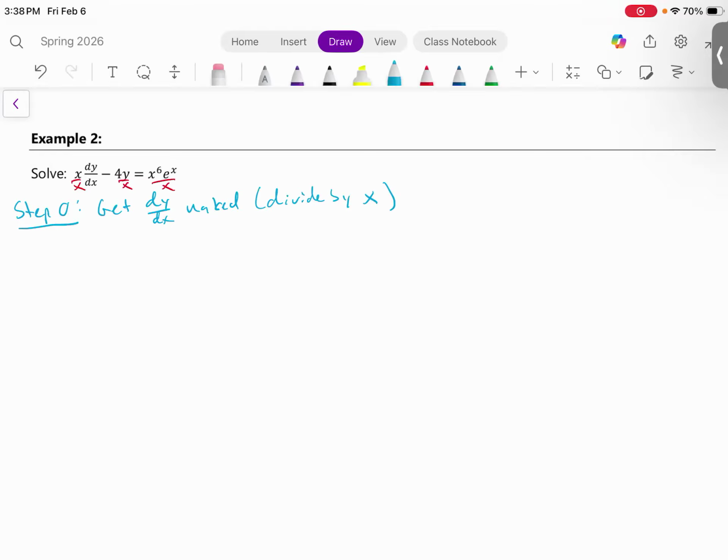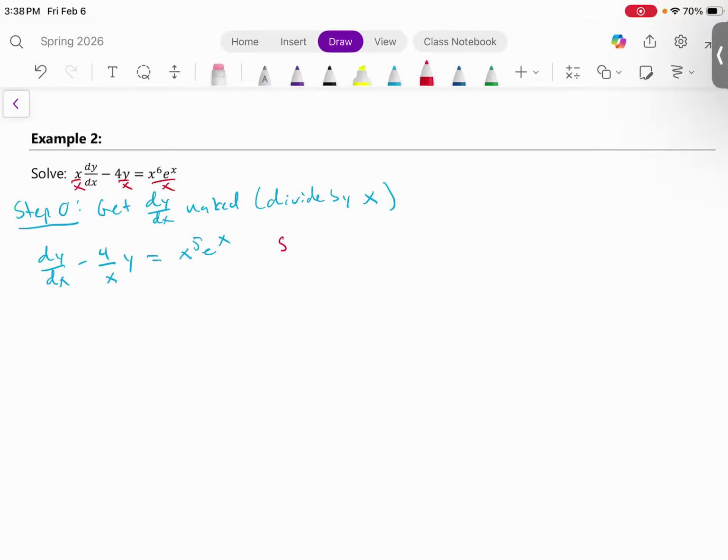And so what we're left with is dy over dx minus 4, I'm going to write it like this, 4 over x y. That way we're just keeping our functions of x clean, and then this would be x to the fifth, e to the x.